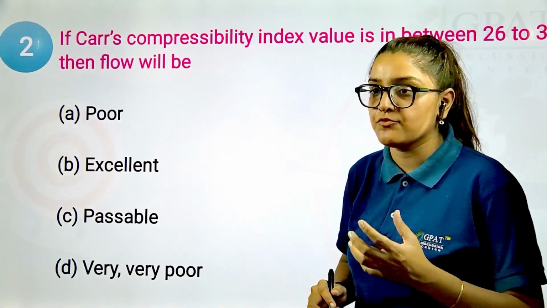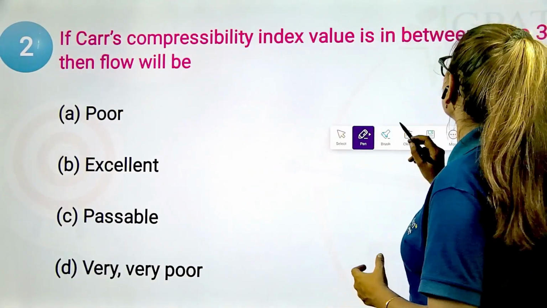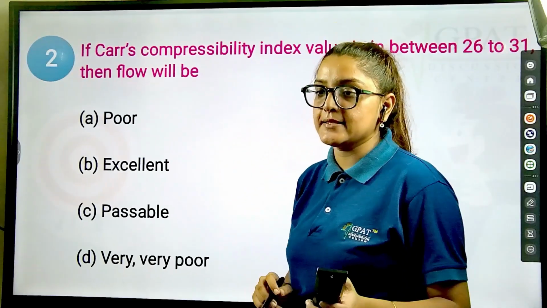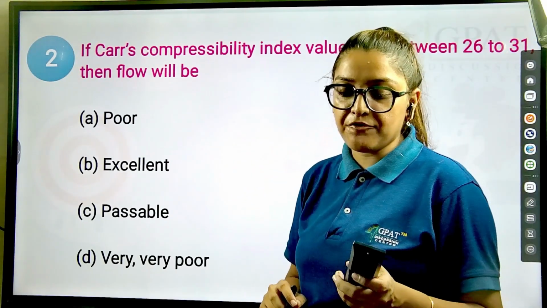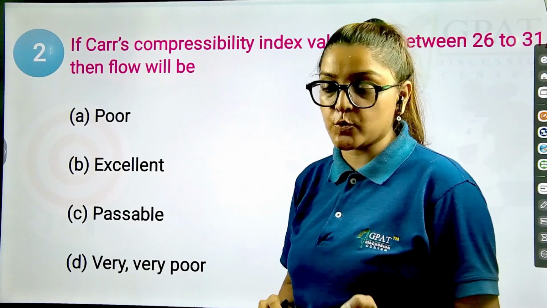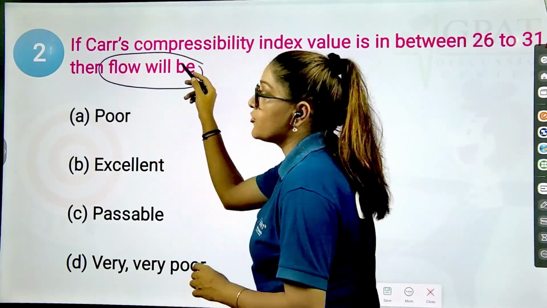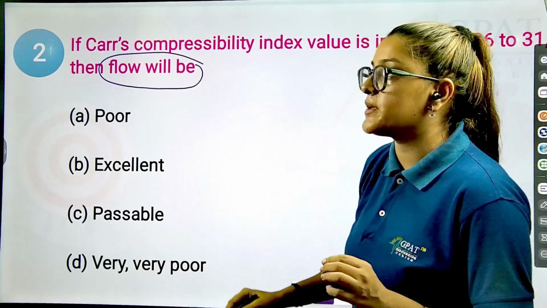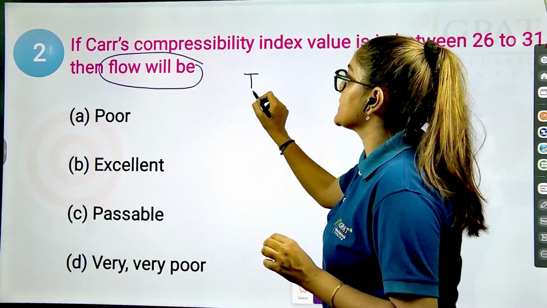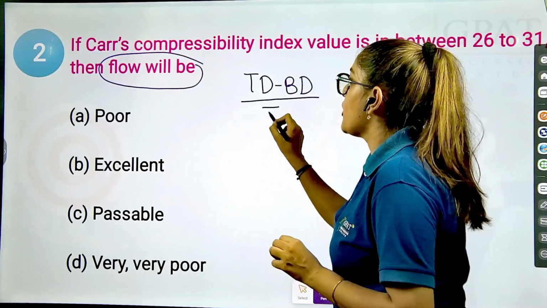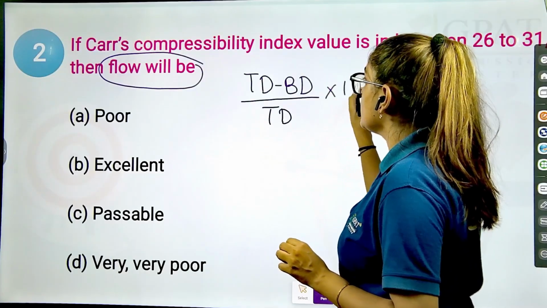If the Carr's index value is between 26 to 31, what will be the type of flow? If you have seen my micromeritics video, the Carr's index is tap density minus bulk density upon tap density into 100.